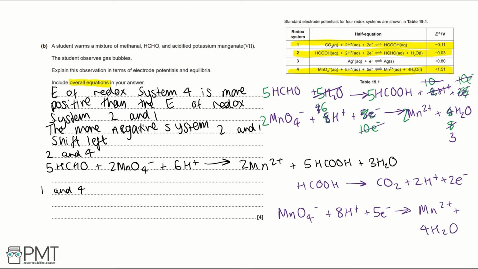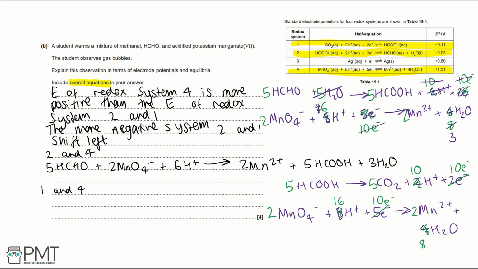Like the last one, we need to scale the electrons, so we have 10 and 10. Multiplying the top one by 5, we get 5, 5, and then 10. The bottom one by 2, so we have 2, 16, 2, and 8.